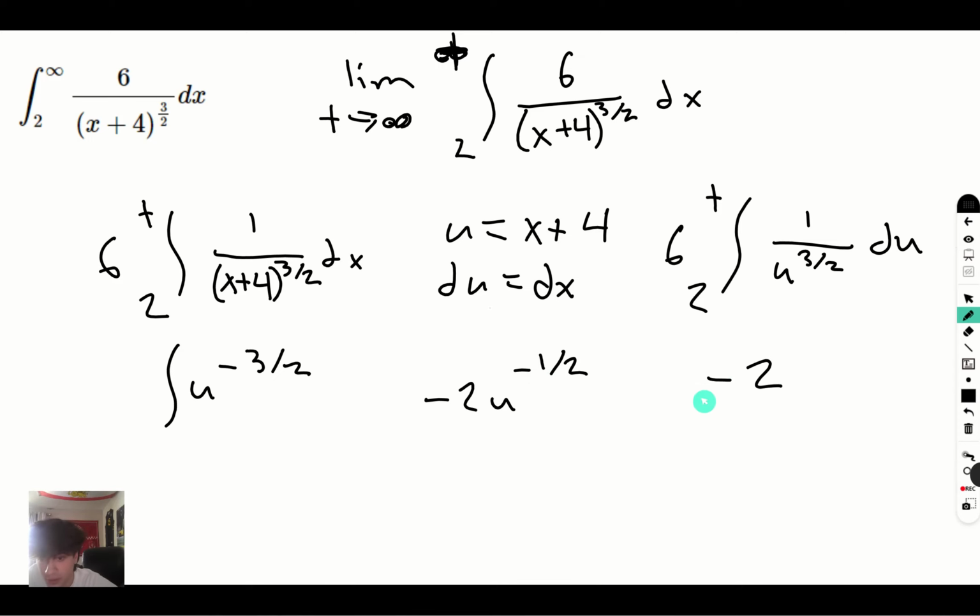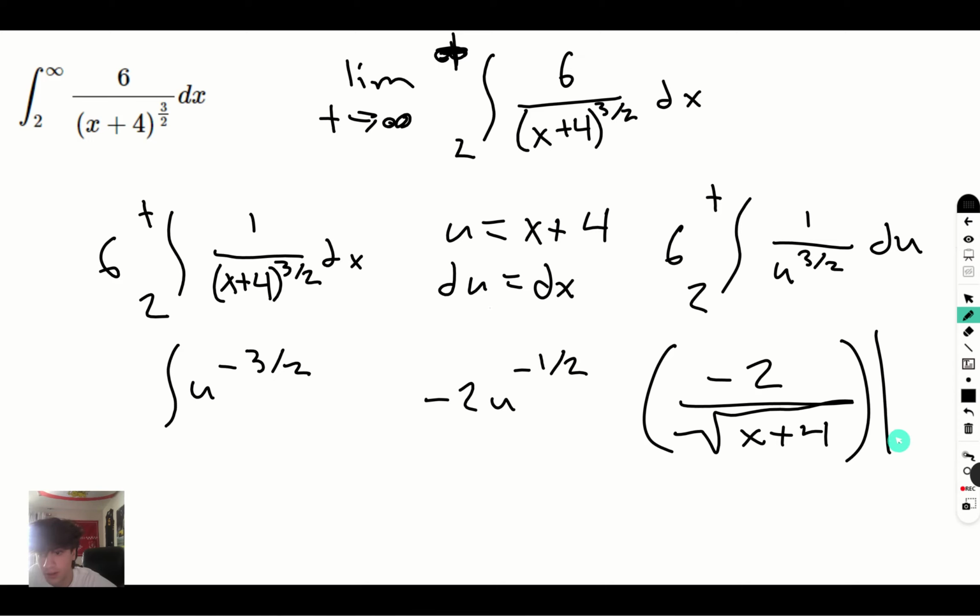You get negative 2 over the square root of x plus 4. There we go. And now we evaluate this from 2 to t.